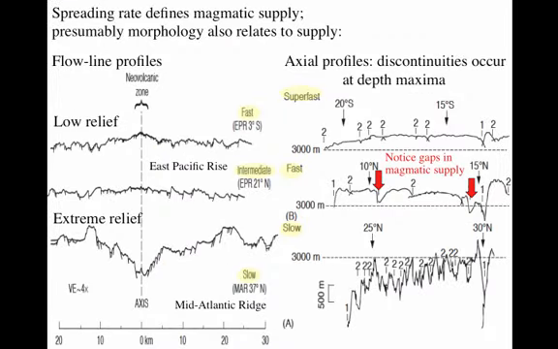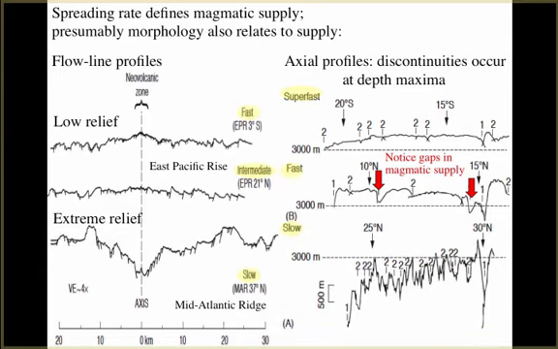Now, the spreading rates can define the magmatic supply, i.e., if there's a lot of magma available, we get faster rates. Presumably, the morphology also relates to the supply of magma. So again, in a fast ridge system like the East Pacific Rise, we see low relief compared to a slow ridge system like the Mid-Atlantic Ridge, where we see more extreme relief.